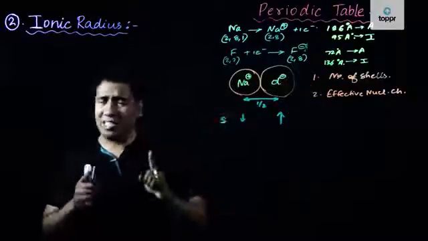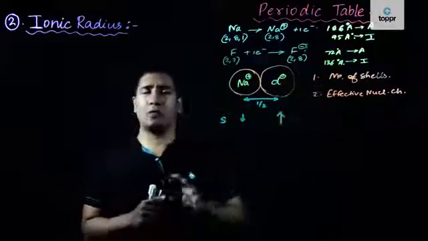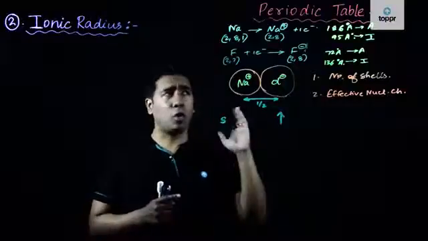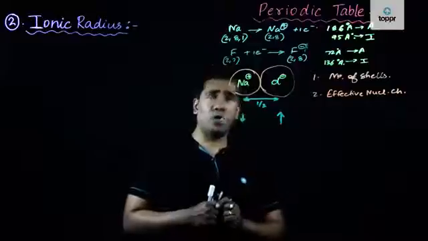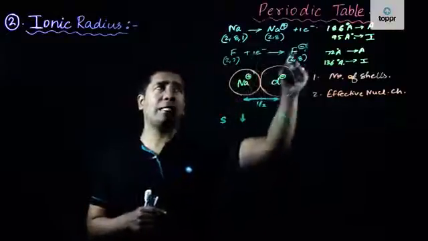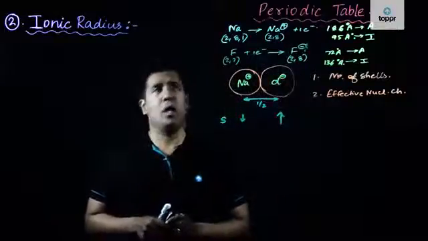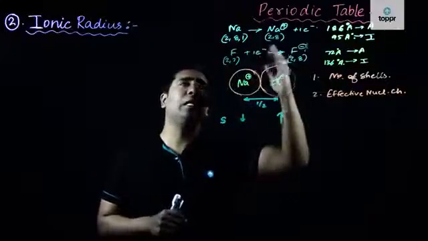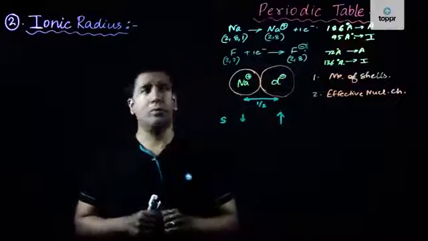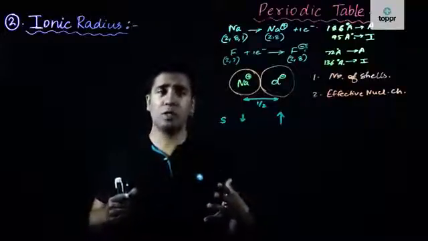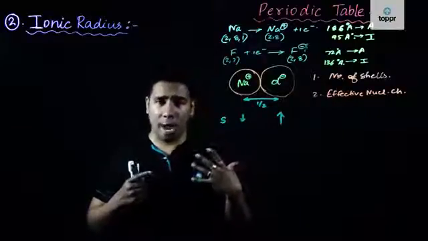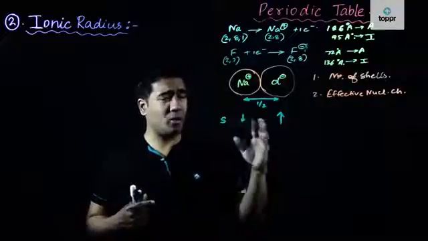So the number of shells is the same, and therefore the first factor has no role to play in this specific case. However, you might surely observe that here 1 electron has increased in the case of the fluoride ion. Because of the increase in the number of electrons, there is a repulsion between the electrons, due to which the ionic size is more than the atomic size, that we have already discussed.